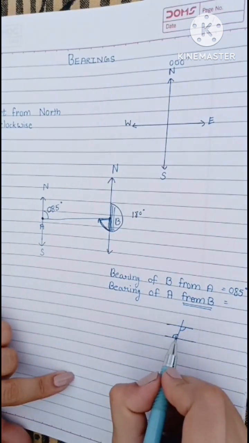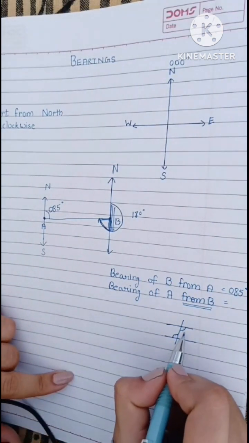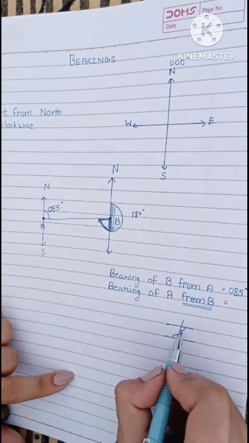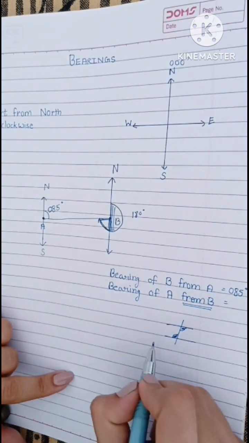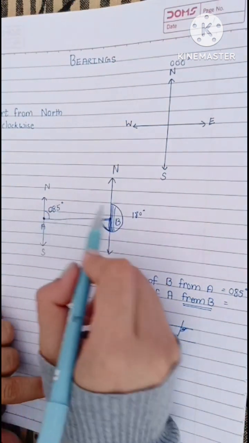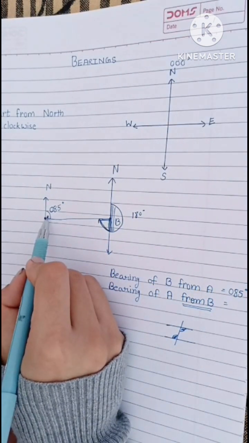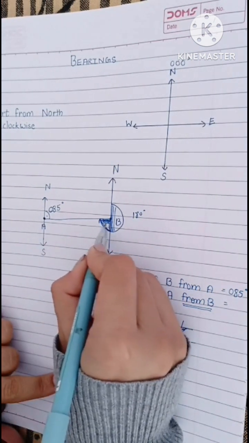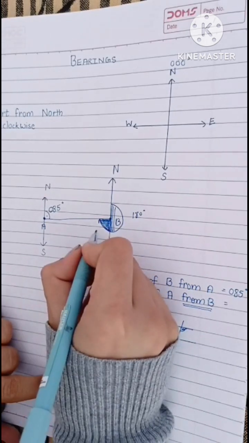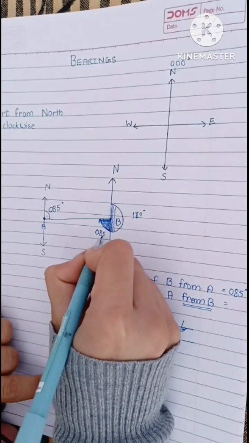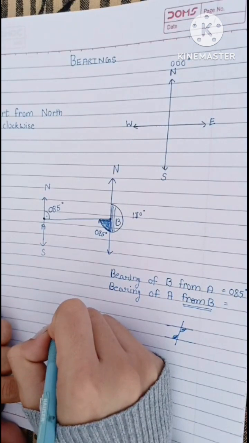These are known as alternate interior angles. Alternate interior angles are always equal. Now both the north-south lines are also parallel. So if this angle is 85 degrees, this angle here is also 85 degrees, right?